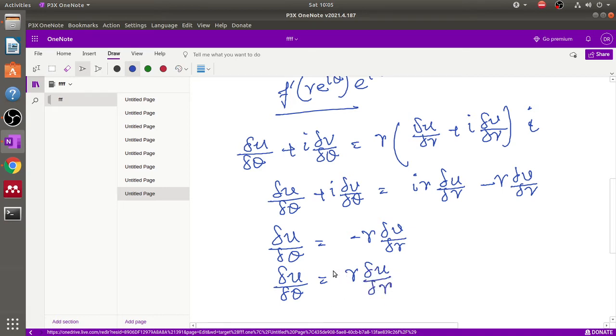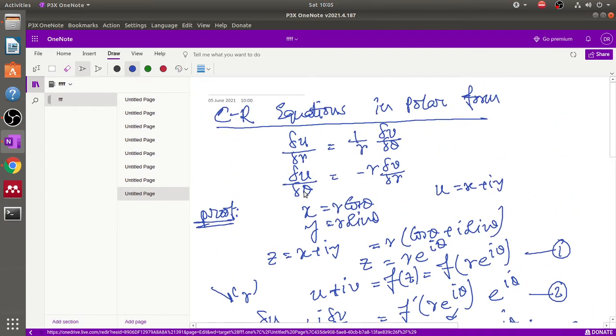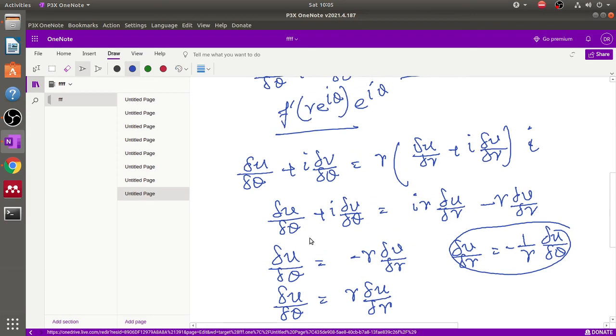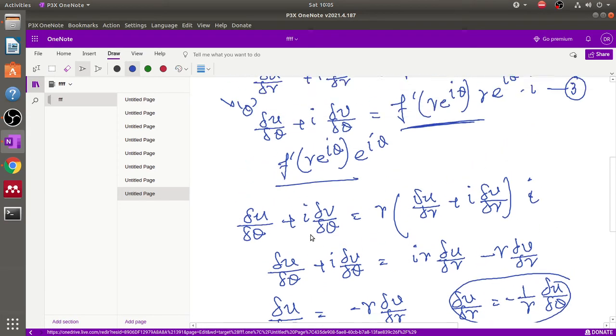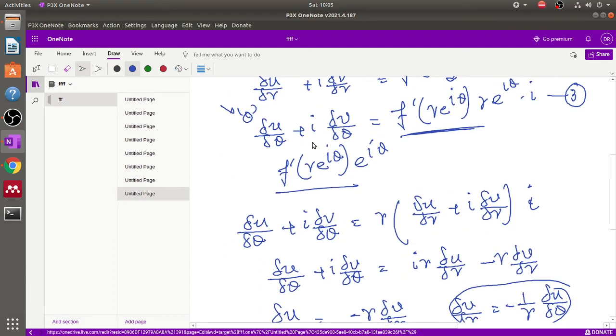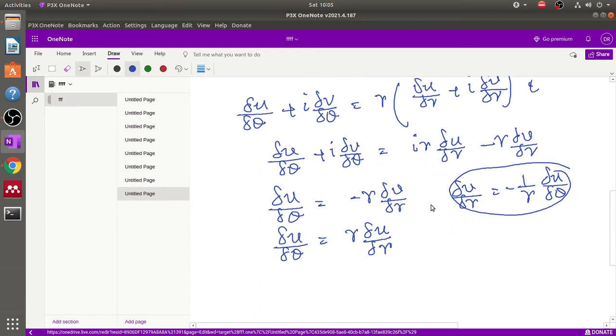So from here we say that del v by del r equals minus 1 by r del u by del theta. So this is our one proof. So now look out here, del u by del theta and del v by del r.